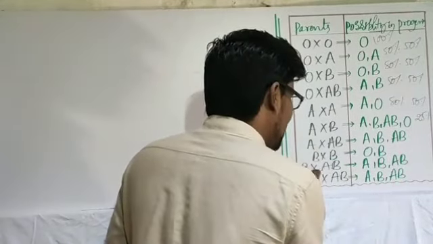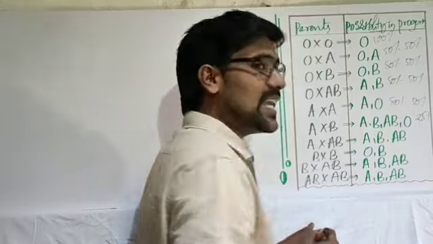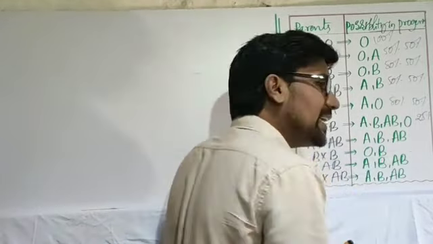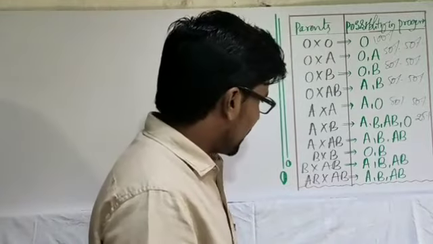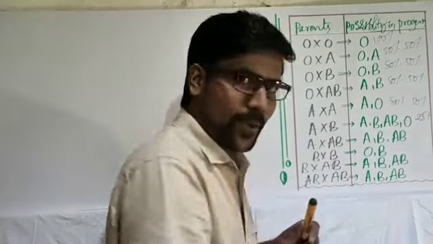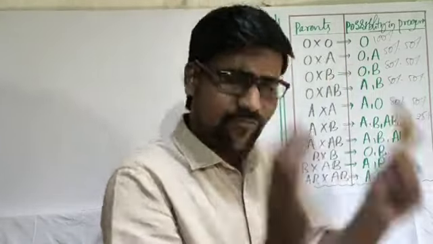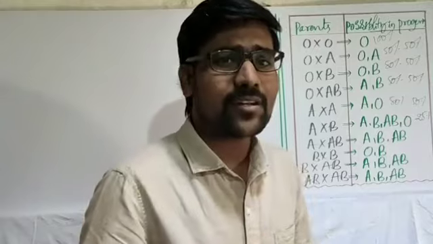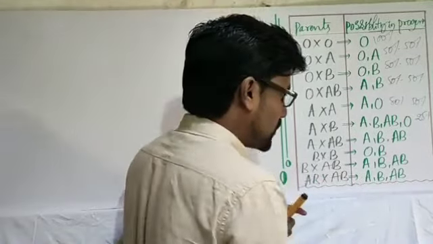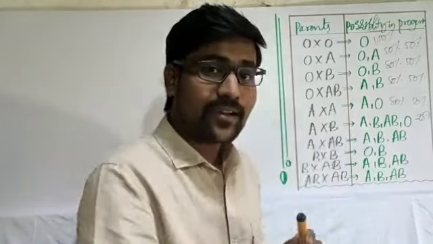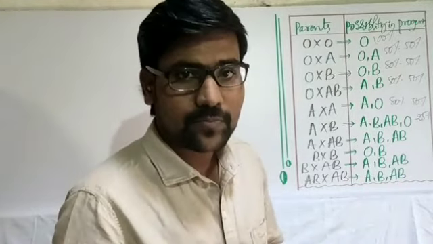If one parent is B and another is AB, then we can predict A, B and AB, not O. And lastly, if both parents are AB and AB, AB is of course heterozygous only. There is no possibility of a homozygous condition in AB blood group. Heterozygous, then we can predict either A, either B, either AB, not O.